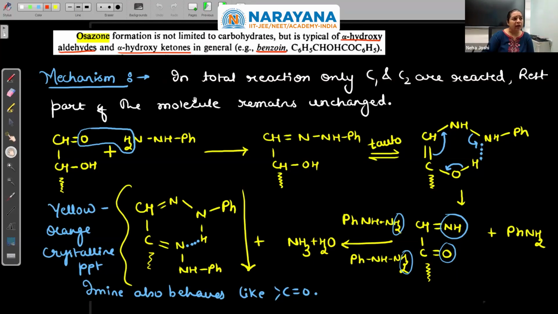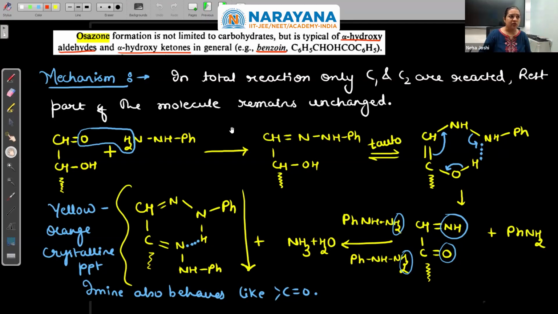What happens is that these two centers, the alpha OH and the C=O, are both converted to phenylhydrazone because we are using phenylhydrazine. Rest, everything will remain unchanged.